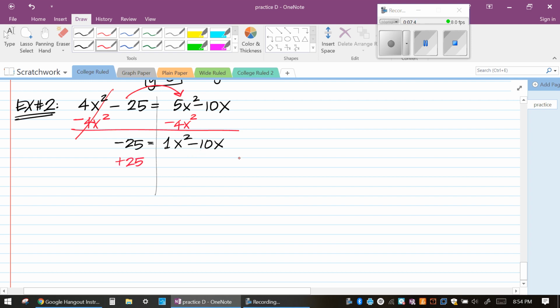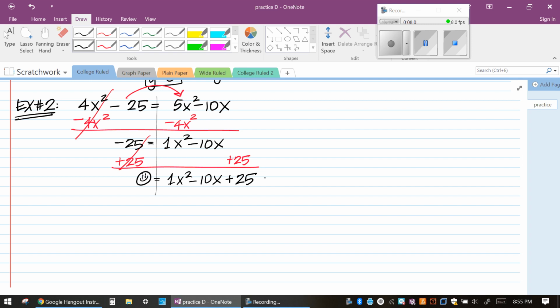Now, 25 does not have a variable. That is a constant term. That's going to go after the quadratic and the linear term. Remember, 25 did not have a variable, so it was not a like term to the other numbers that were already there. So that's the first part of the problem. Get all the terms on one side of the equation, 0 on the other.